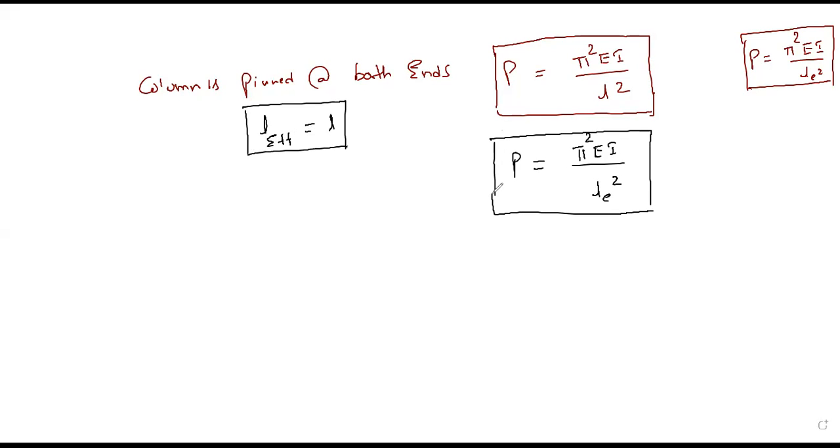Right? Because when both ends are pinned, the end condition for calculating the effective length is equal to L. So this formula can be written as pi square EI by L effective square. So finally this is your final crippling load or buckling load, to calculate the buckling load or crippling load with respect to the effective length of the column.